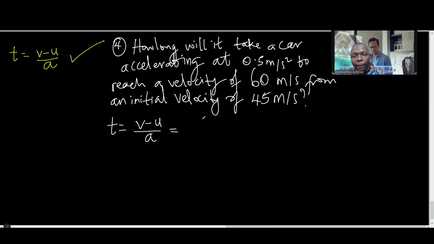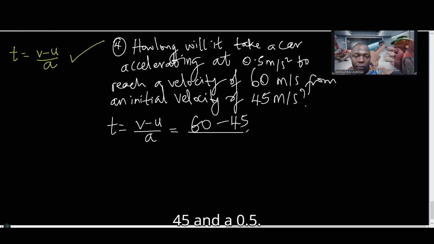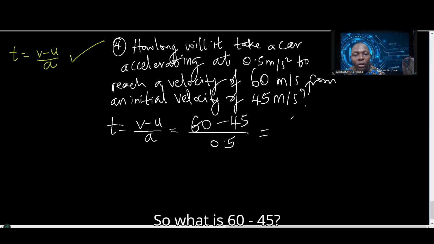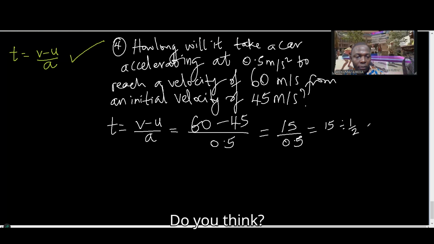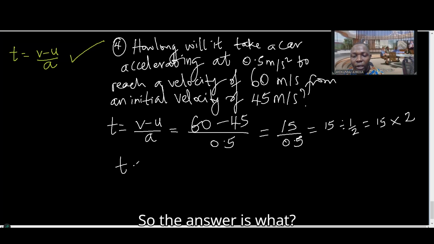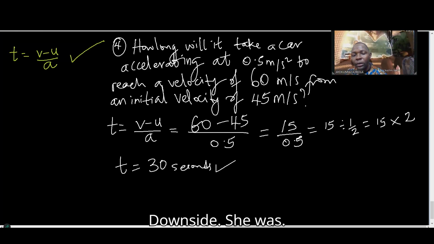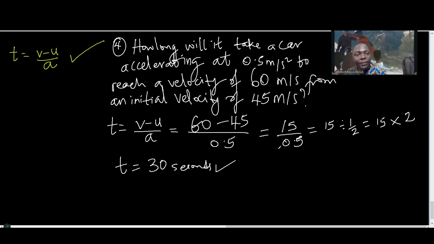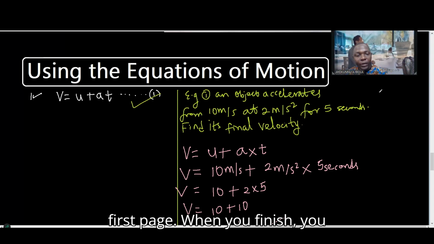What is u? v is 60, u is 45, and a is 0.5. So what is 60 minus 45? 15. So the answer is what? 30 what? 30 seconds. Okay.